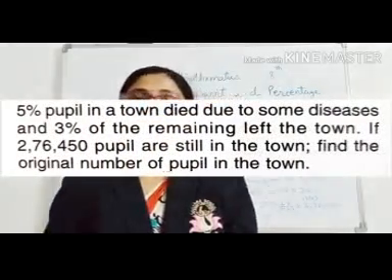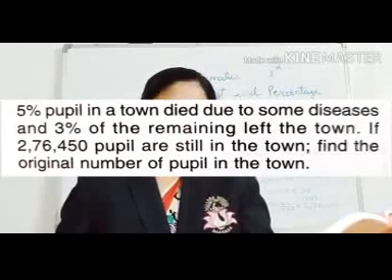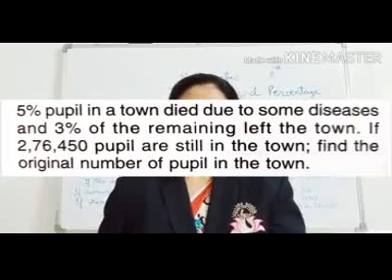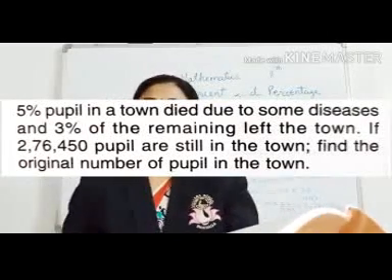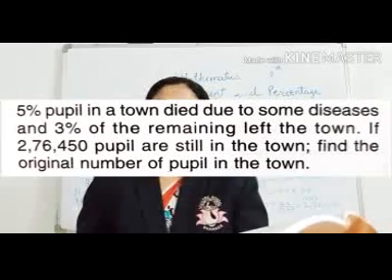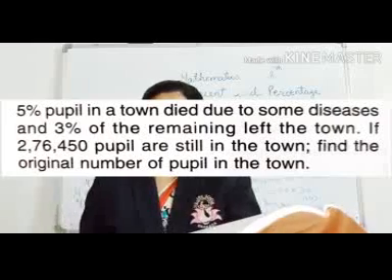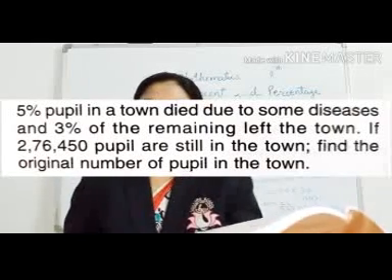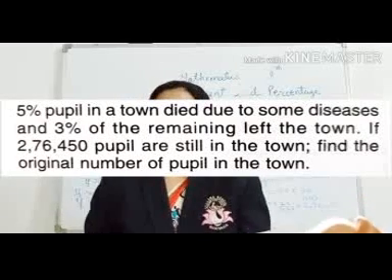So let us have a look at the question. 5% of people in a town died due to some disease and 3% of the remaining left the town. If 2,76,450 people are still in the town, find the original number of people in the town.